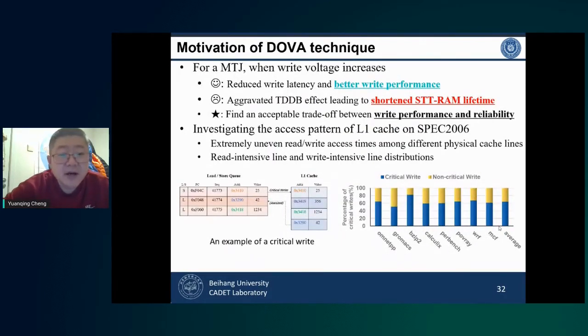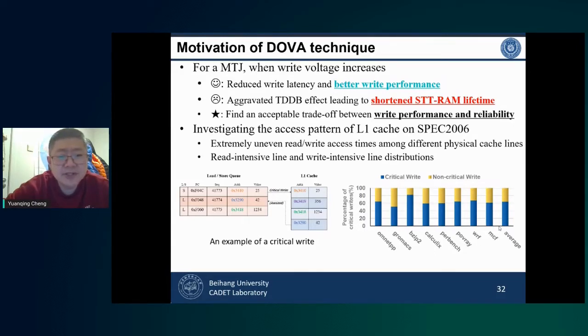By building the TDDB reliability models, we try to investigate how we can improve the reliability and reduce the effect of the TDDB breakdown.